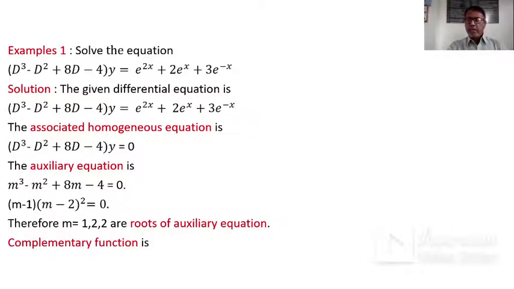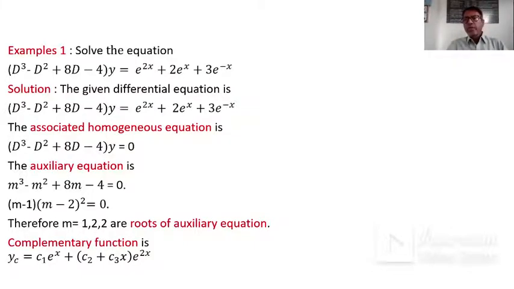Therefore, yc is equal to c1 e to the power 1 into x, means e to the power x, plus in the bracket c2 plus c3 x, bracket complete, e to the power 2x. This is our complementary function. yc is c1 e to the power x plus (c2 plus c3x) into e to the power 2x. This is the easy part. We have seen this already in the previous topic.